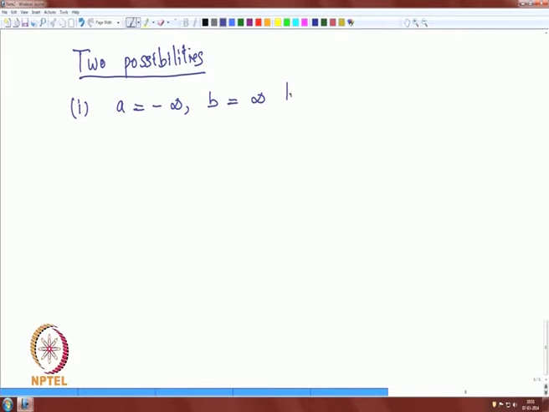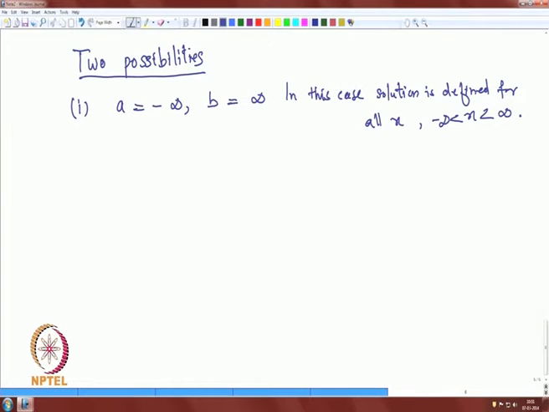In this case we say the solution is defined for all x, that is x is between minus infinity to plus infinity.